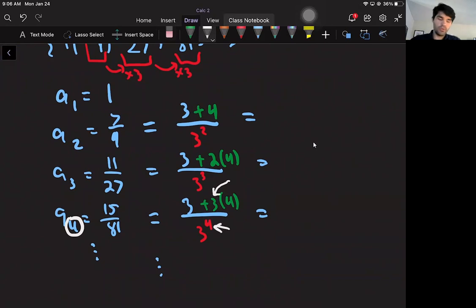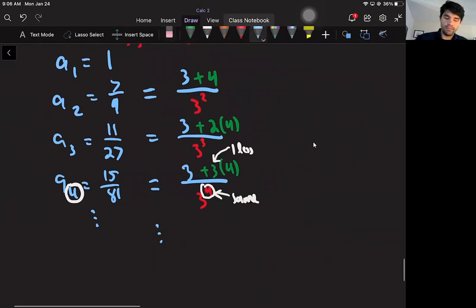And how are those two numbers related to 4? Well, 4 and 4 are the same, so those are going to match. This is 1 less. So I guess I don't need any other equal signs. And so that's what's going to tell me about an.